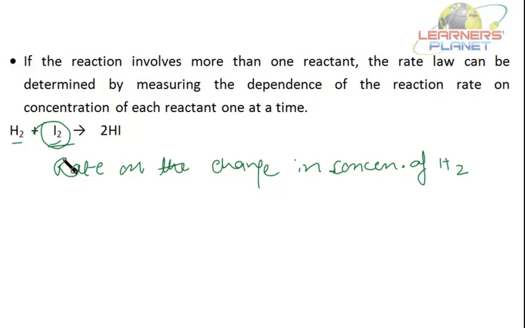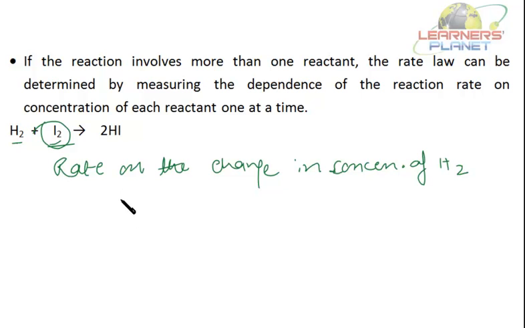It is taken in large excess. If it's taken in large excess, there will be only a slight change in the concentration of iodine as the reaction proceeds. So whatever change is observed in the concentration of hydrogen will give the order with respect to hydrogen.